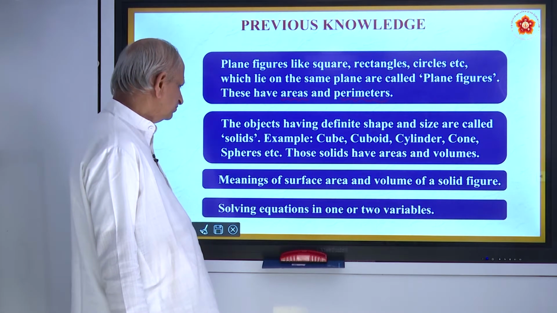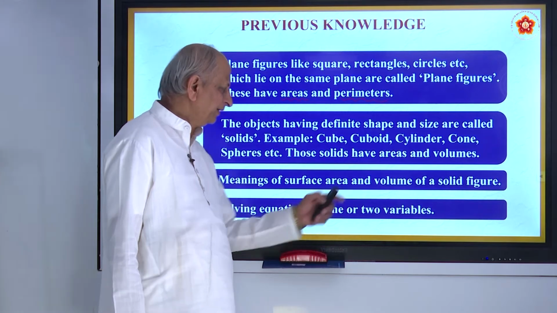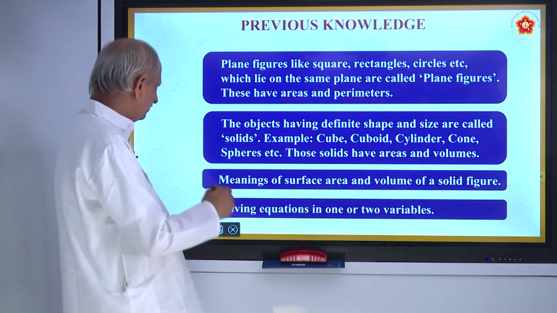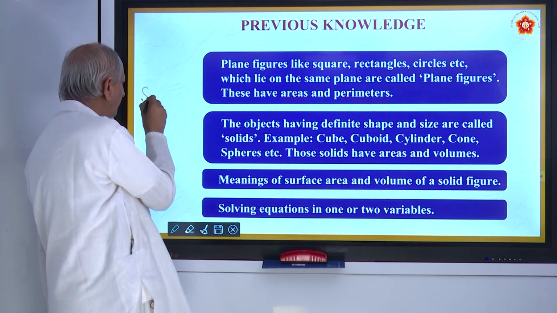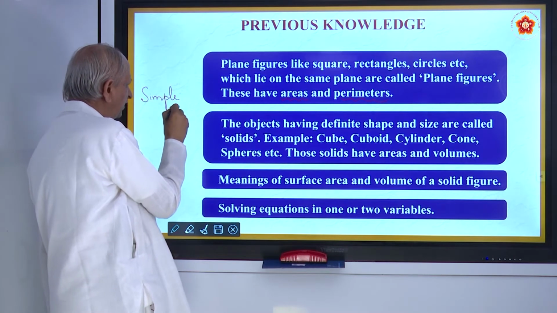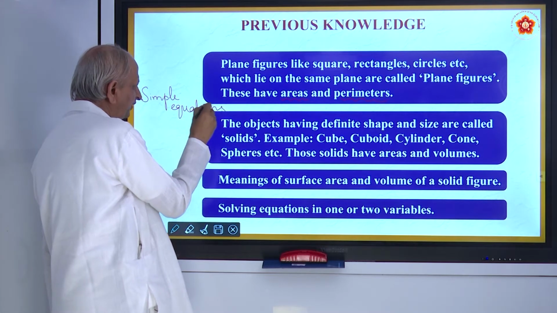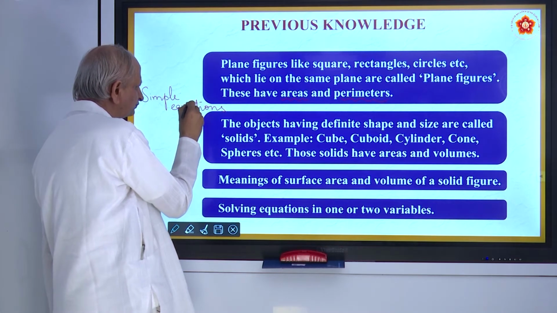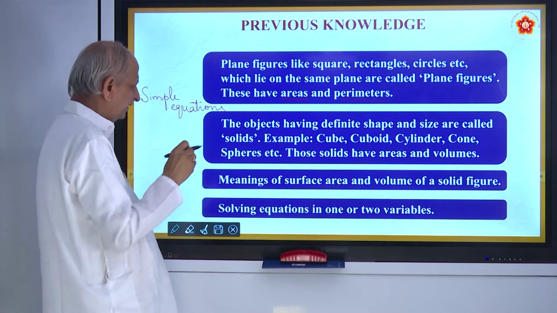And also equations of one or two variables. Equations of one variable, what are they called? They are called simple equations, or you can say linear equations. Simple equations are those which have only one variable.